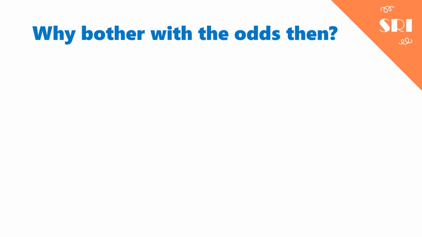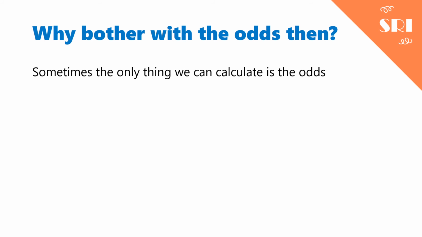So why do we bother with the odds then, if the risk is preferred? Well, sometimes it's the only thing we can calculate. Some studies, like the case control studies, do not really allow us to calculate the risk, because in order to calculate the risk, we need a number of diseased and healthy people that represents the population. And in case control studies, our group of healthy people and group of sick people is artificial.